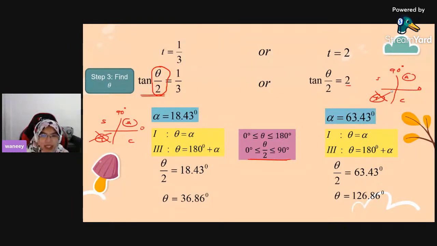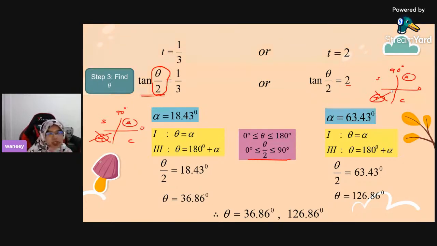126.86 degrees. And then the last step is to combine both answers together. So theta will be equal to 36.86 as well as 126.86. Those are the final answers.